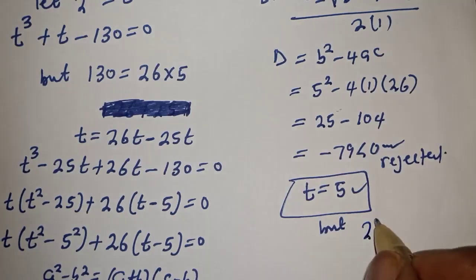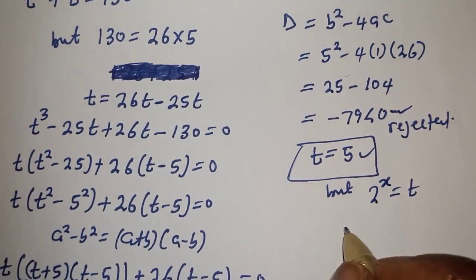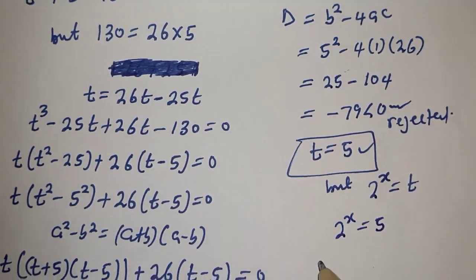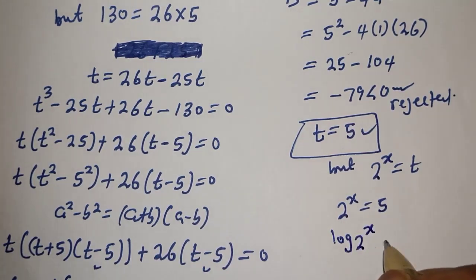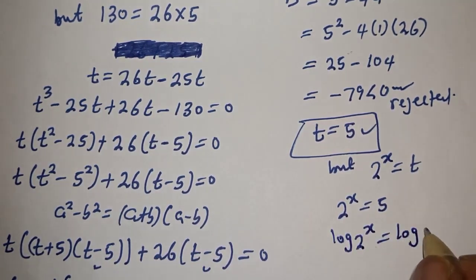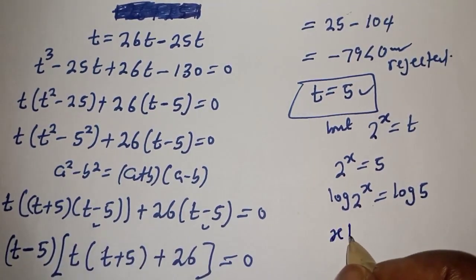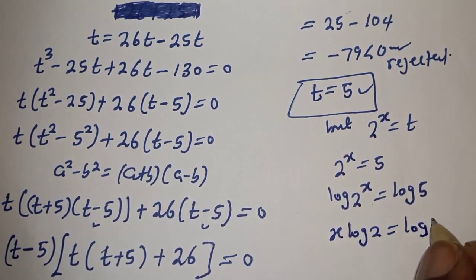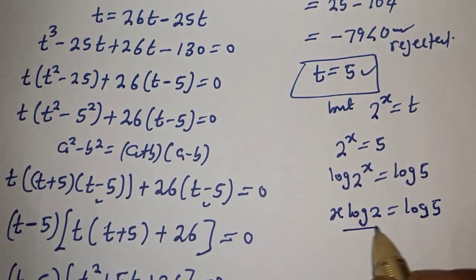But 2 raised to power s is equal to t. Then 2 raised to power s is equal to 5. Let's take the log of both sides. Log 2 raised to power s is equal to log 5. Then s log 2 is equal to log 5. Let's divide both sides by log 2.